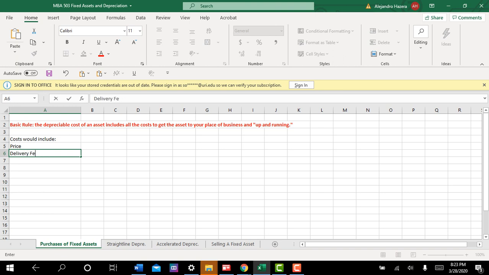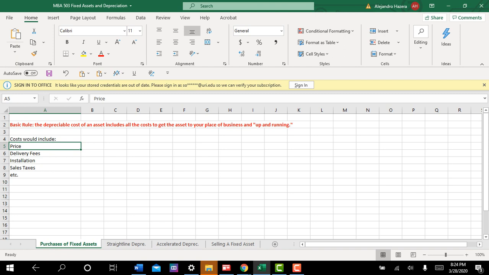It would include installation, any costs regarding installation of the asset in your factory. It would also include any sales taxes on the asset. You pay for it, you get it delivered, you get it installed, and obviously you have to pay taxes. But I'm going to put etc. here because there's probably costs that I haven't considered. This is just a logical process of paying for it, having it delivered, installed, and paying the taxes.